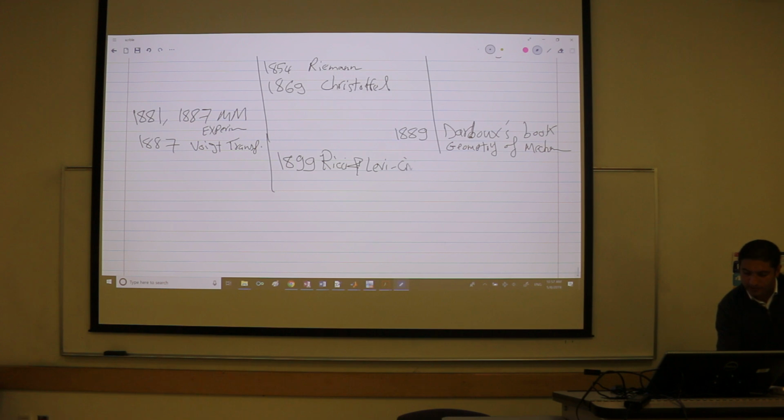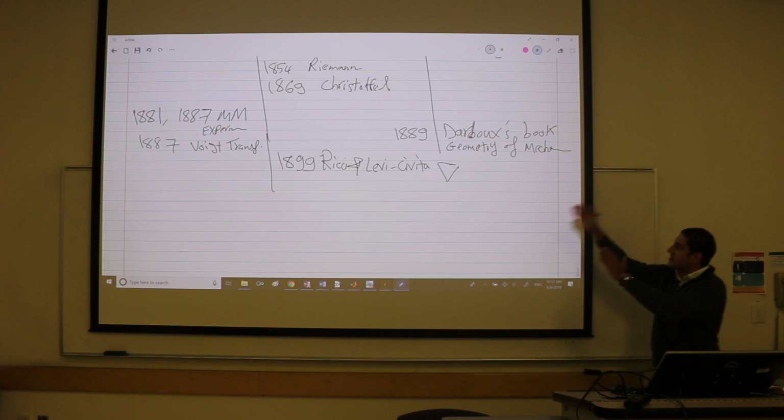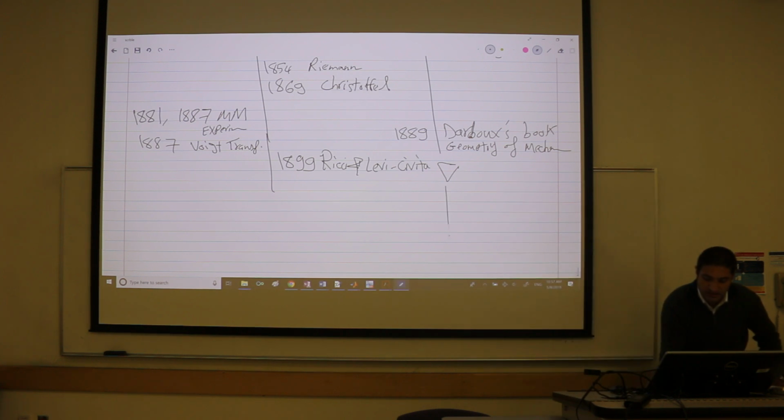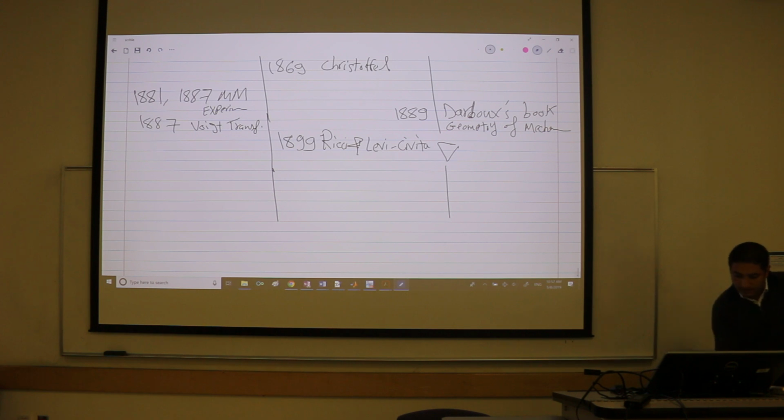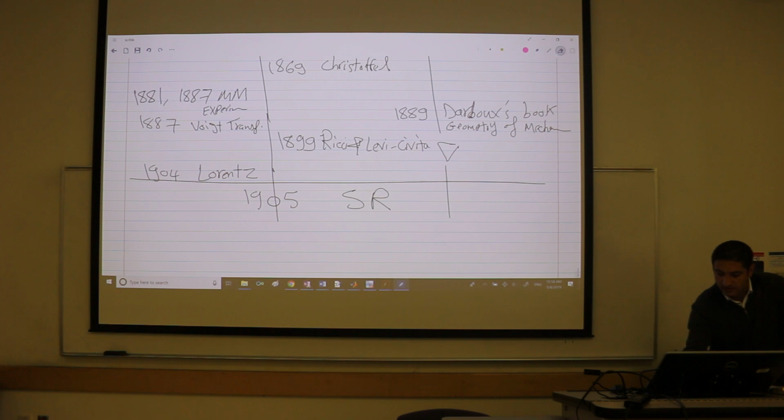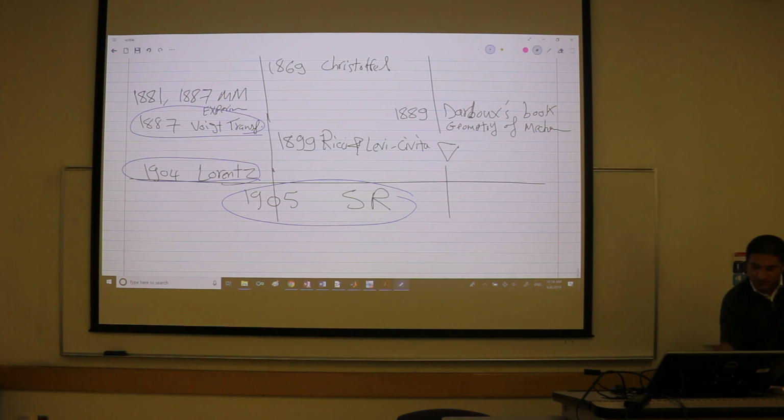And now you can appreciate this, because everything is written in terms of the covariant derivative, everything is general relativity. 1904, Lorentz. This all culminated in Einstein's special relativity, 1905. So this indeed made use of the Lorentz, maybe Voigt as well, because it's the same, and also Michelson and Morley experiment.